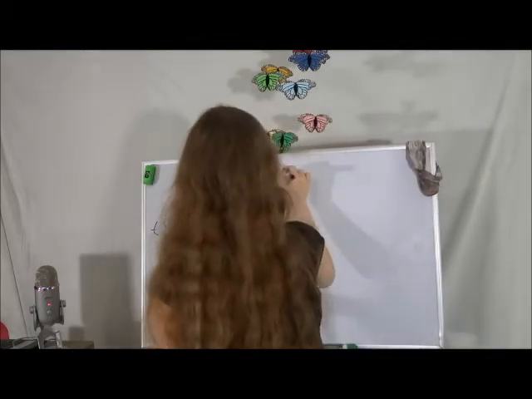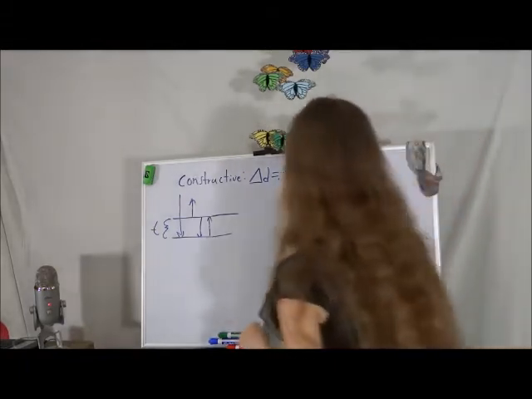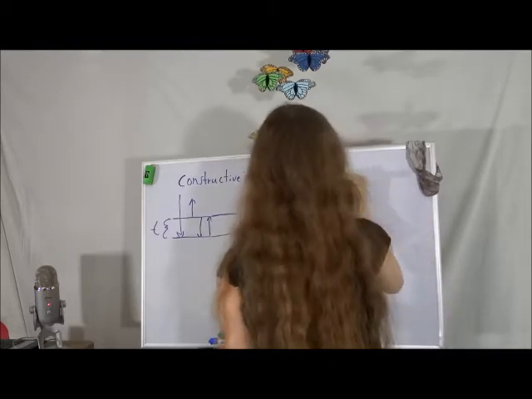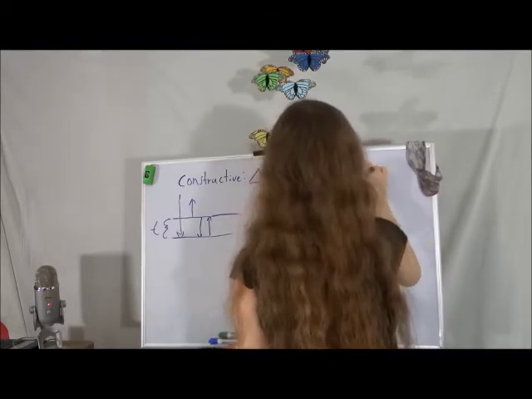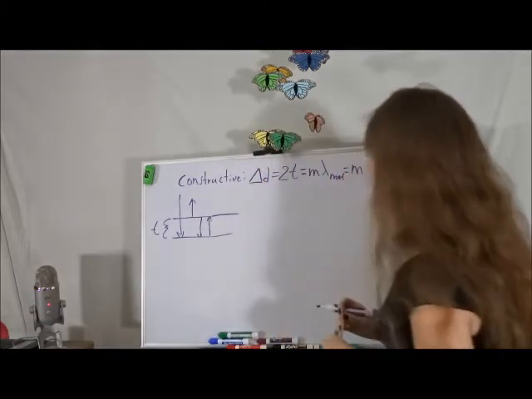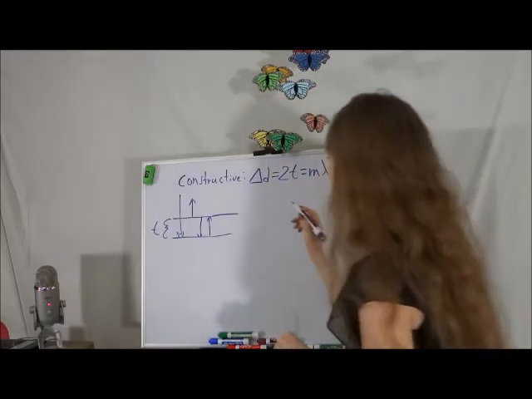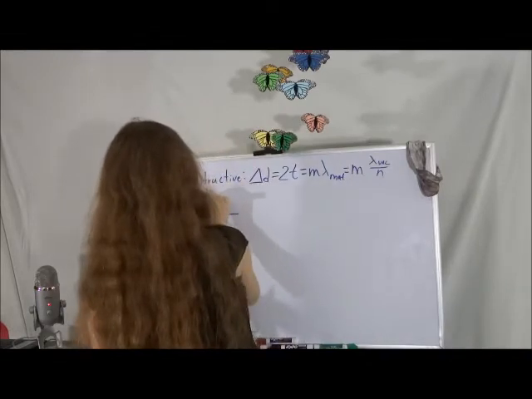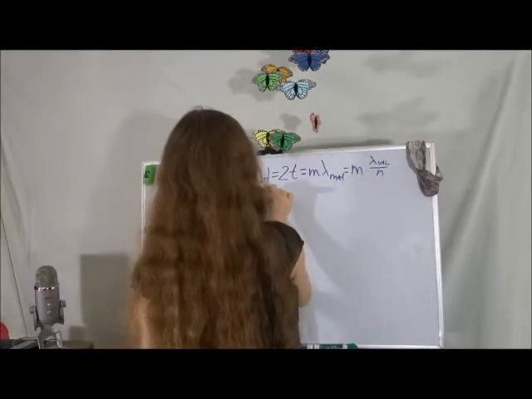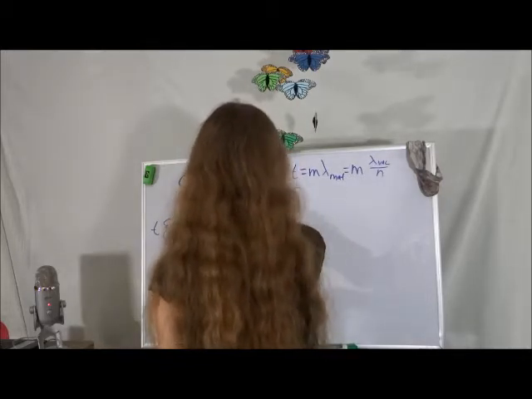So delta D is going to be equal to 2T, and then from here the equation is going to look very similar. It's just going to be M lambda material, because we're in a material, which is the same thing as M lambda vac over N. Now destructive is the exact same thing, except we're going to have the M plus 1/2 instead of M. So for destructive, we're going to have delta D equal to 2T, because we're still traveling that twice the thickness.